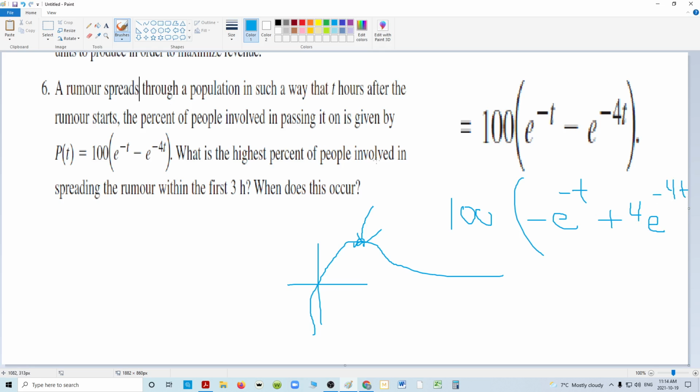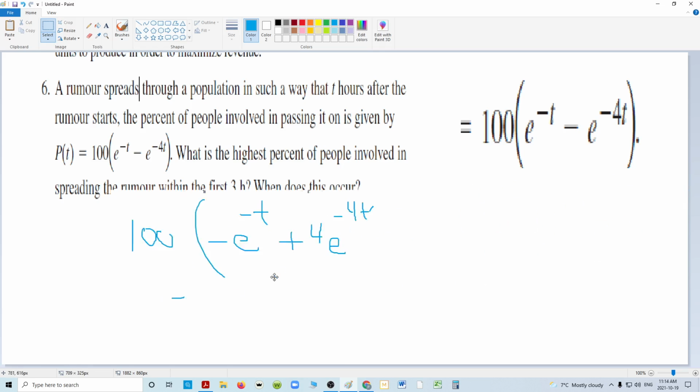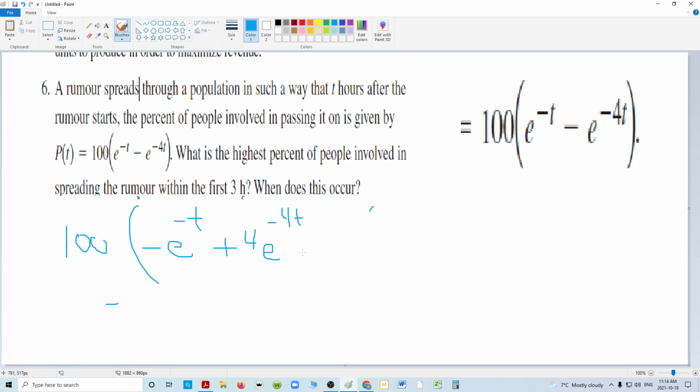You cannot take an e out of this because they don't have the same exponent. However, you can set it to 0. We quickly discovered the 100 is pointless. And when this goes to the other side, it becomes, when does 4e to the 4t equal e to the negative t? If we take a ln of both sides, try to remember this plus 4 will matter.